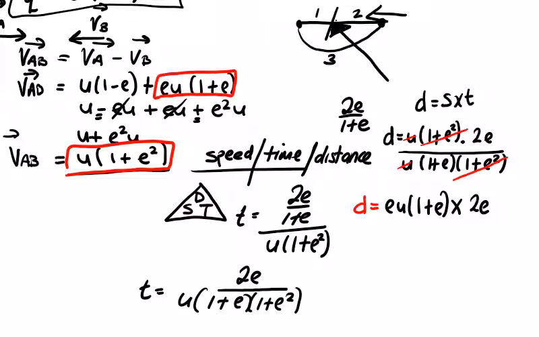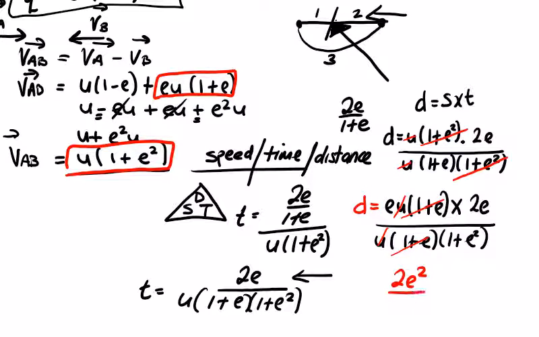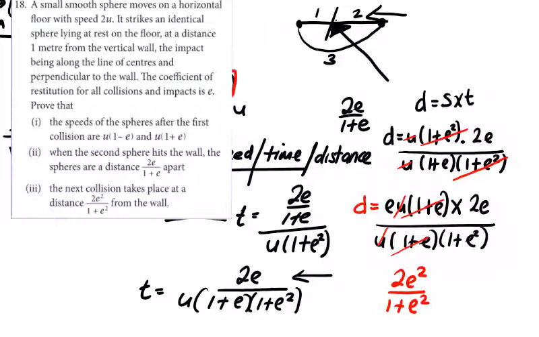So there's 2E down here, the time over U times 1 plus E times 1 plus E squared. So now what will cancel? The U will cancel and the 1 plus E cancels, leaving us with 2E squared on top and 1 plus E squared on the bottom. Hopefully that's what they were looking for. 2E squared over 1 plus E squared gets us to the answer.